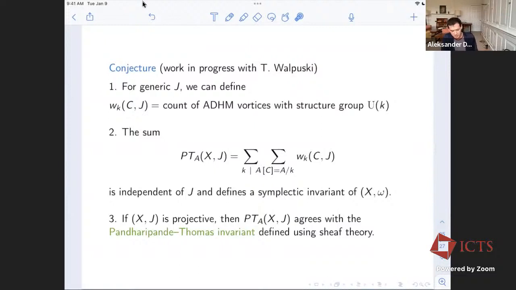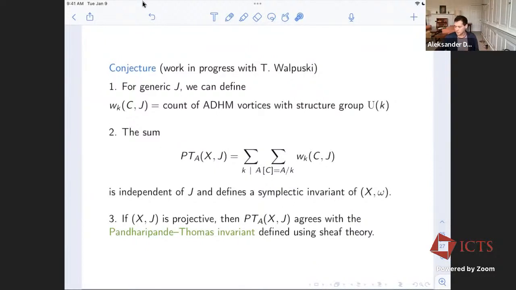The reason we think that this is true is that you can do some local models or local computations, and you see that the solutions to these exotic vortex equations correspond to some sheaves that algebraic geometers use to define these so-called Pandharipande-Thomas invariants. So in the end, you would get an invariant that would be a symplectic analog of these sheaf theoretic invariants in algebraic geometry.